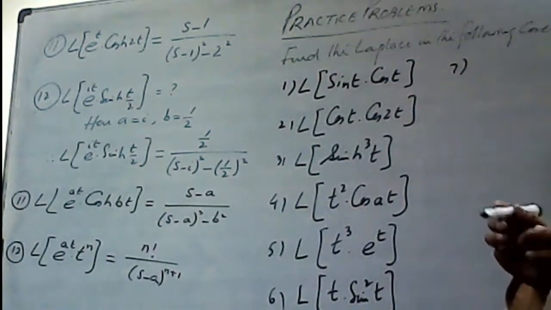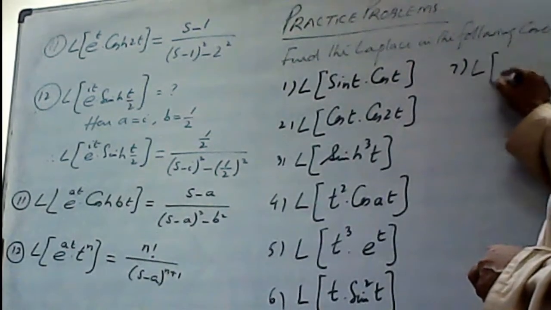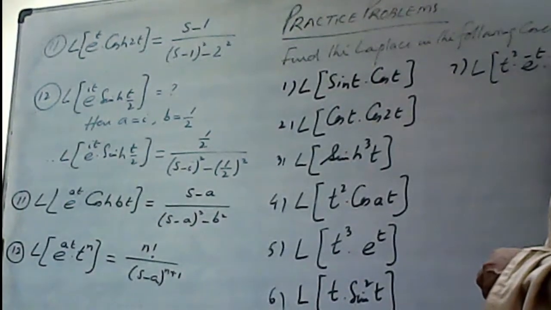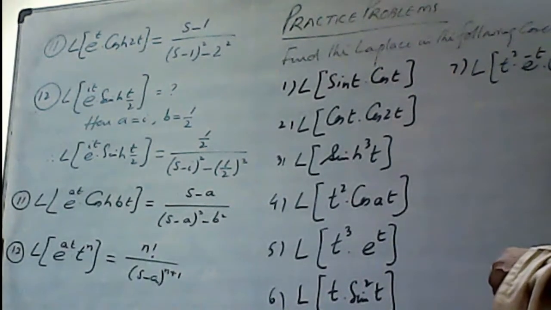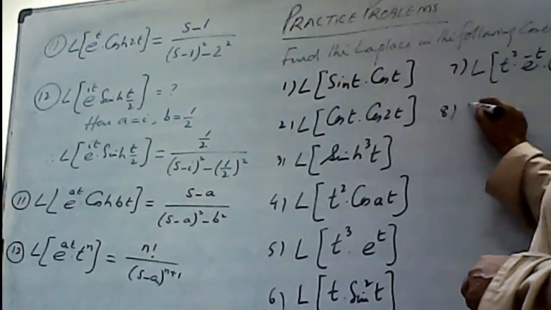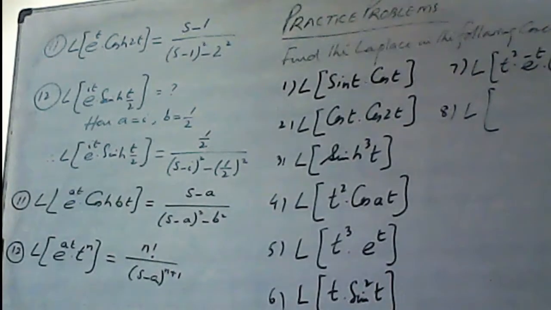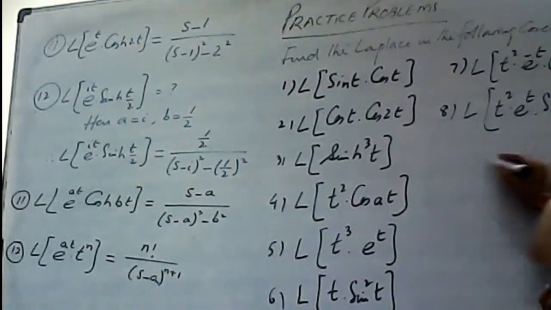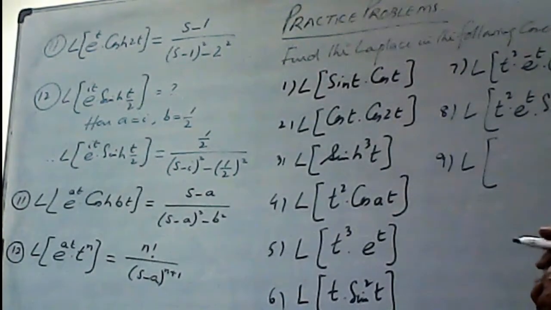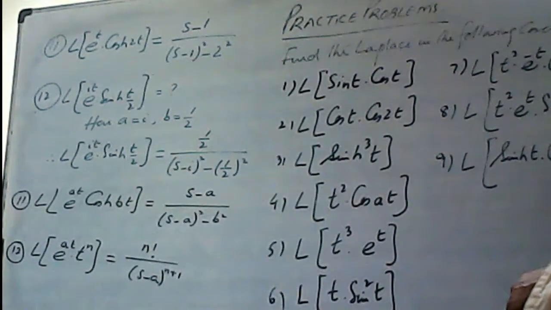Number 7, Laplace of t square e power minus t into cos hyperbolic t. Number 8, Laplace of t square e power t into sin 4t. Number 9, Laplace of sin hyperbolic t into cos t.